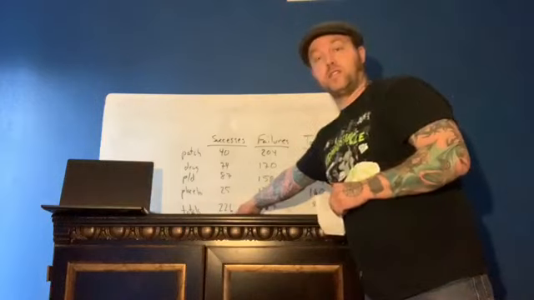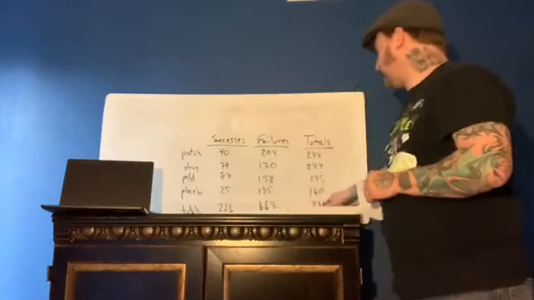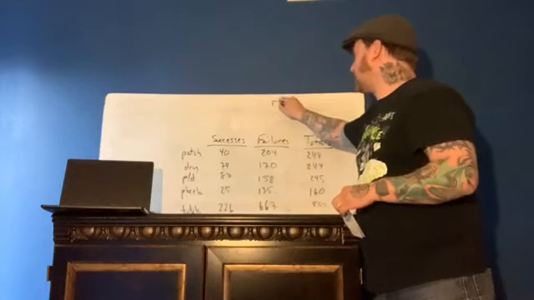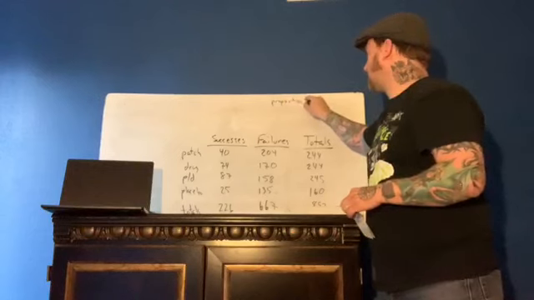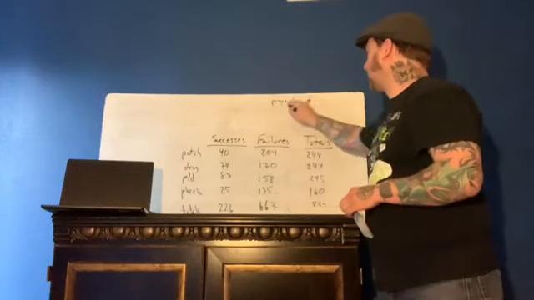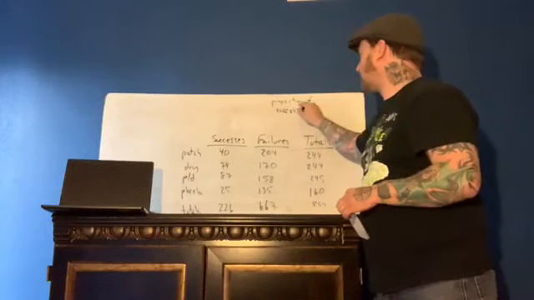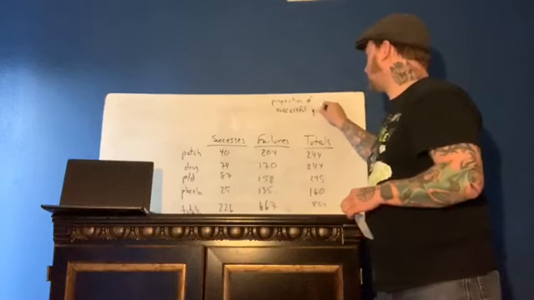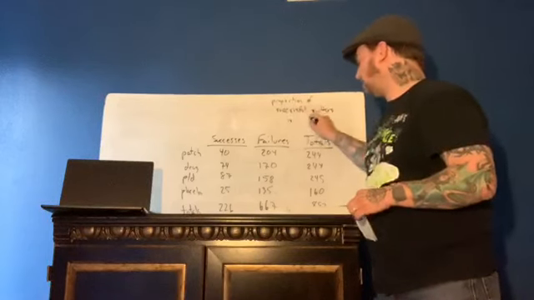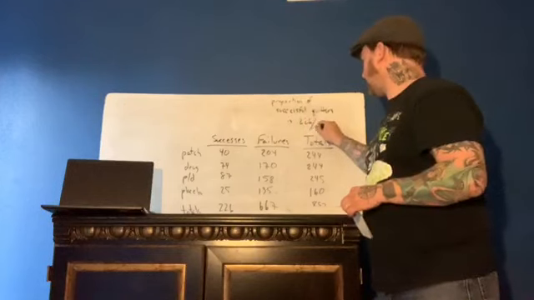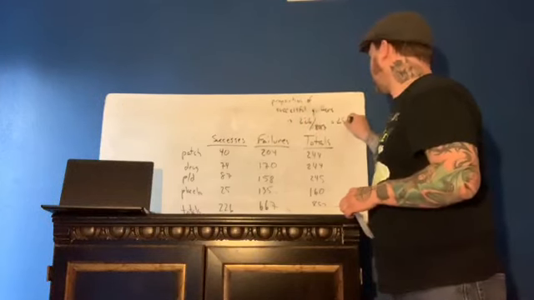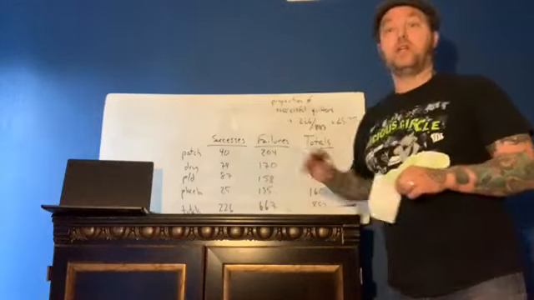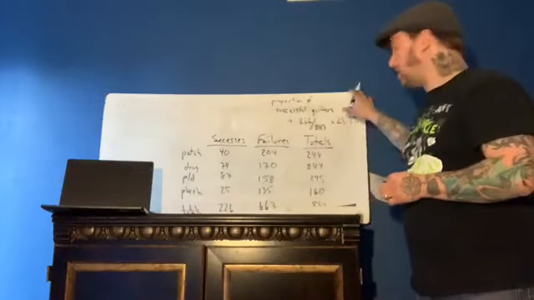So 226 total people quit, 667 failed, 893 total, which means the proportion of people that successfully quit, successful quitters, is 226 out of 893, which is about 25.3%.